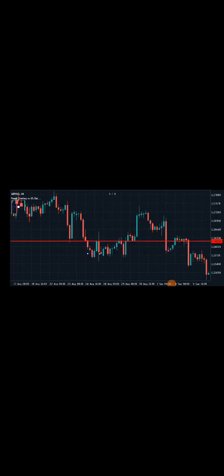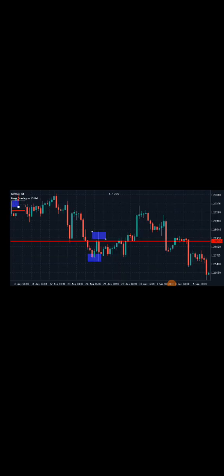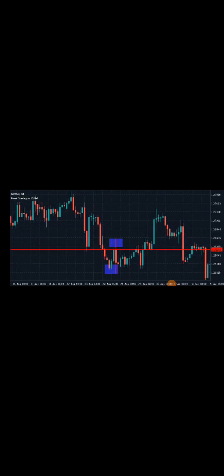So what do we do? We mark out this as our last change in character, and then we mark out this as our last change in character. We're taking for example, like the market is where I actually placed these two. You understand?